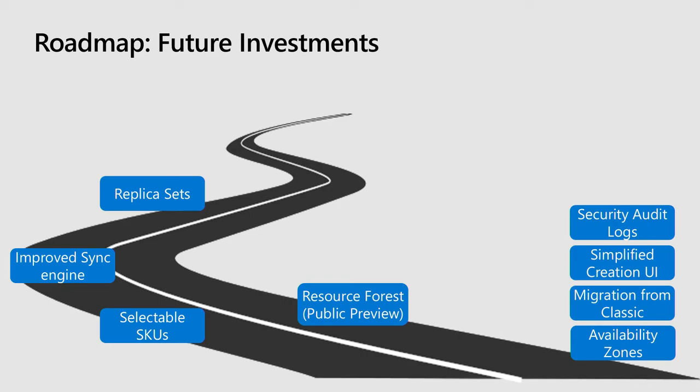Replica sets. This is a big response to the community saying we need geo redundancy and disaster recovery. Right now, we allow you to have one instance and one tenant, and wherever that instance is, it's in that region. We've heard a lot of customers with these apps say, I need failover. I need to know that if US West goes down for any reason, I can go to US East.